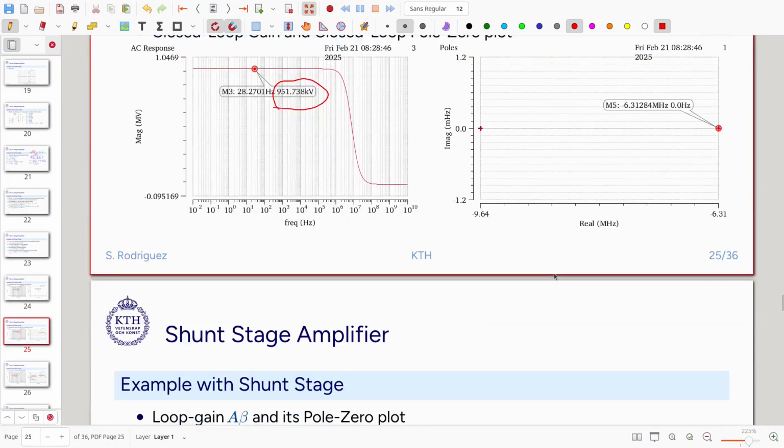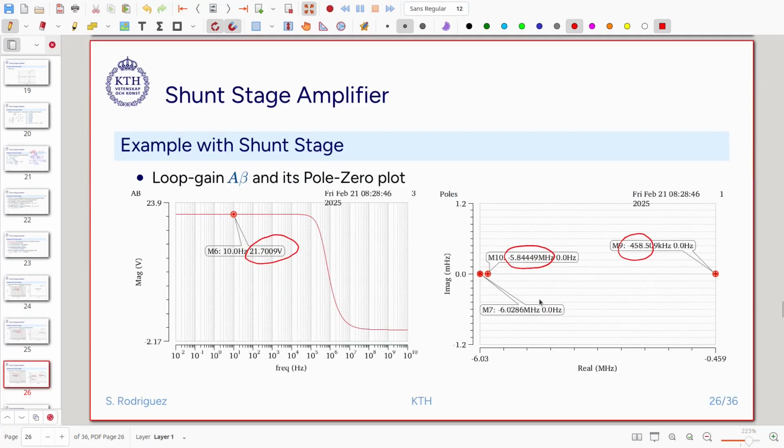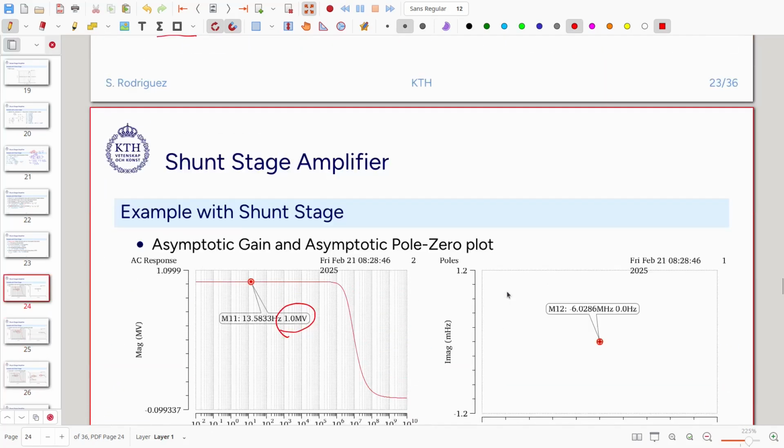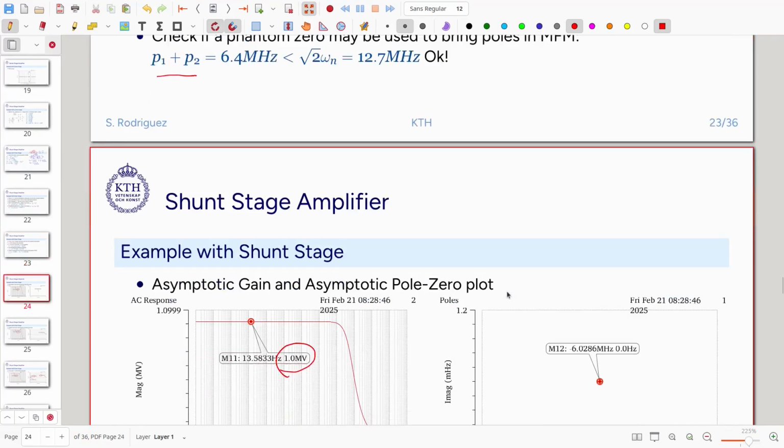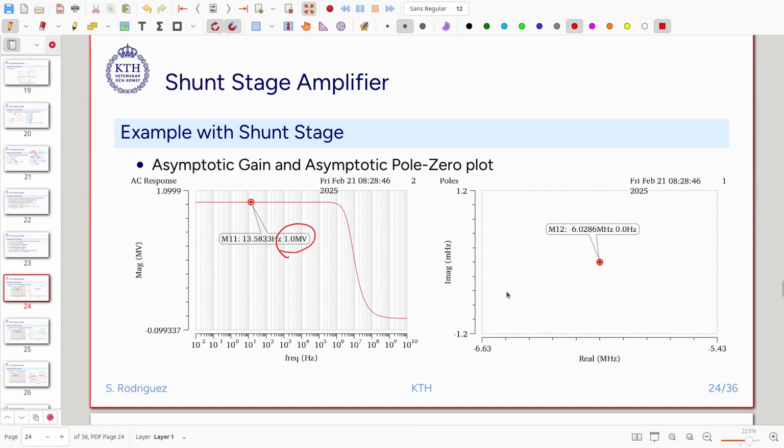It will become a zero in the loop gain, and we can see at 6 megahertz we have a zero here. So this pole in the asymptotic gain becomes a zero, as we discussed before.